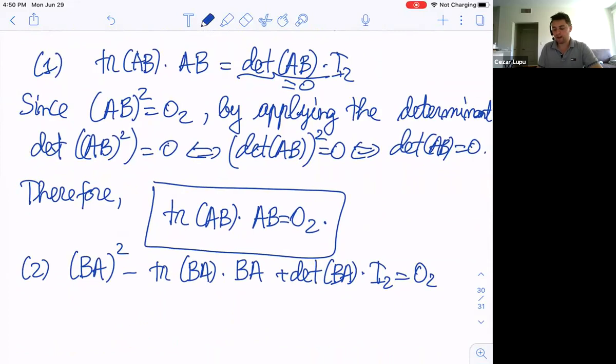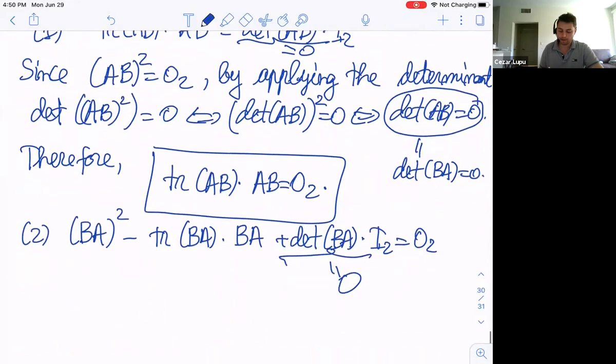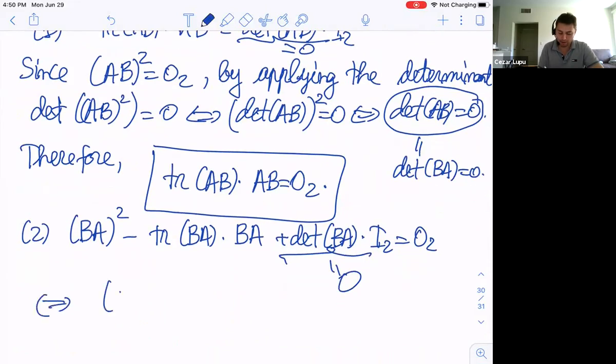We've seen that the determinant of AB equals 0, so since the determinant is multiplicative, the determinant of BA equals 0 too. So this term vanishes. This is equivalent to BA squared equals trace of BA times BA.